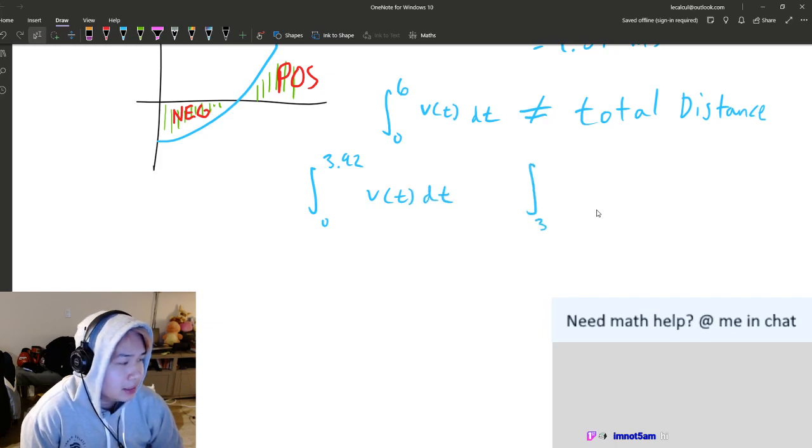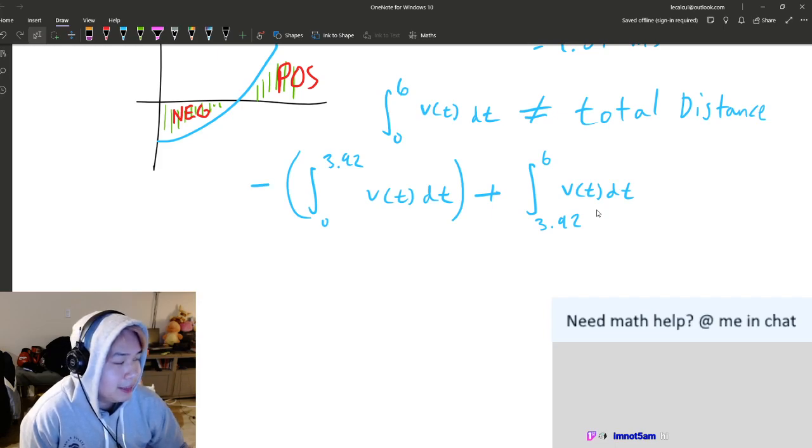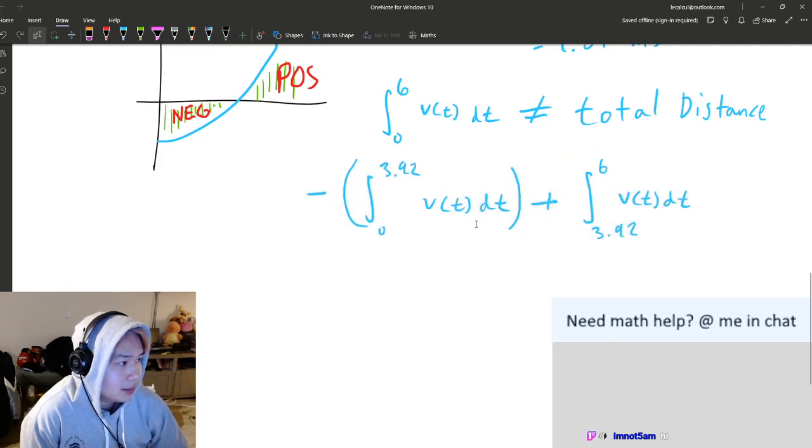And then this is the positive part. And then we need to make this negative part positive, so you multiply by a negative, and then you add them together. So this is a way that you can do it. It's kind of cumbersome and a little annoying.